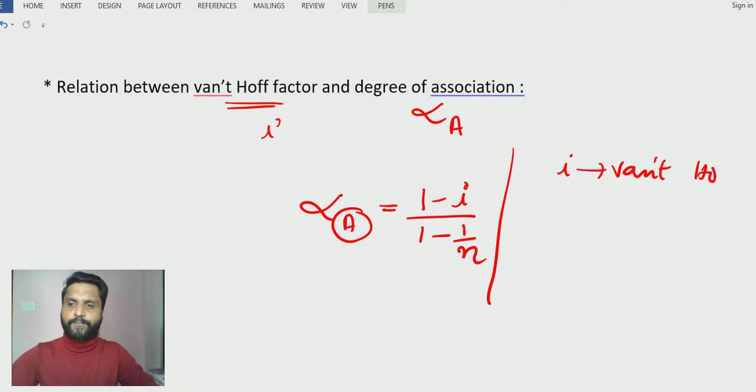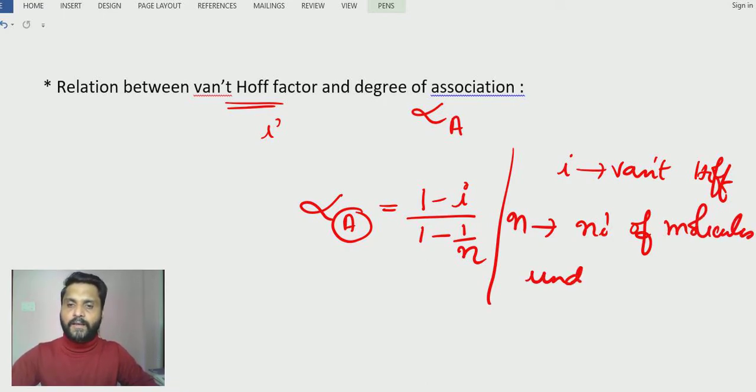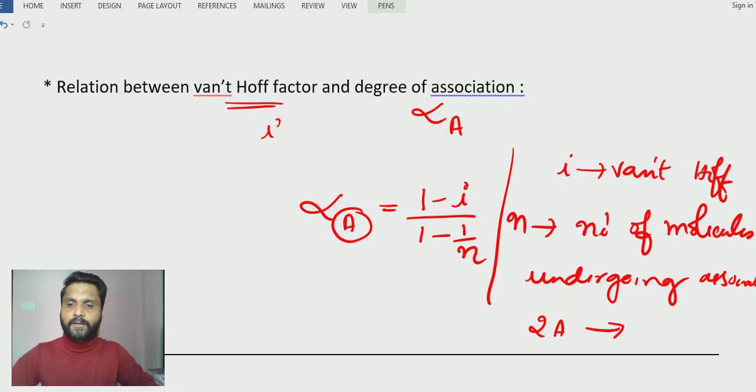And n stands for the number of molecules undergoing association. For example, I take 2A becoming A2. Here, what is the n value? n is equal to 2 here. n is the two moles or two molecules undergoing association. Clear?